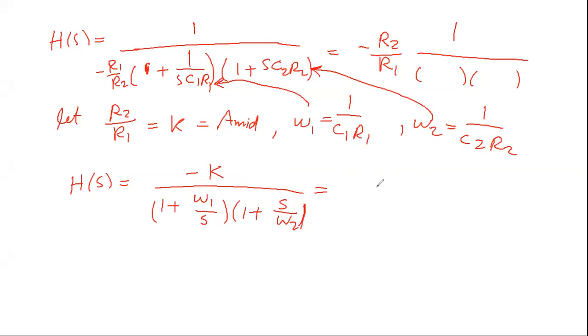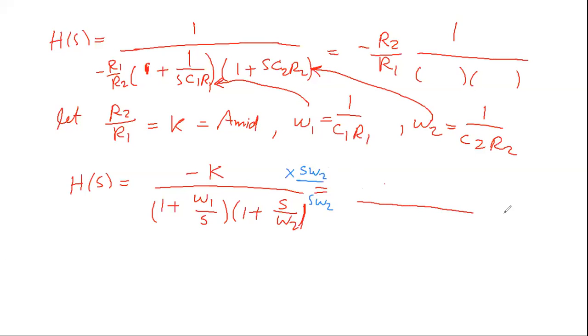So I multiply by S omega 2 divided by S omega 2, both sides by S omega 2. This is not going to change anything, but it's going to simplify it, or put it in the standard form.